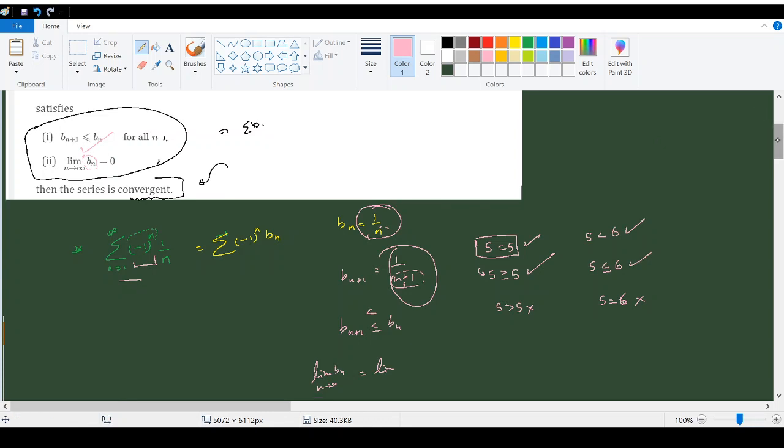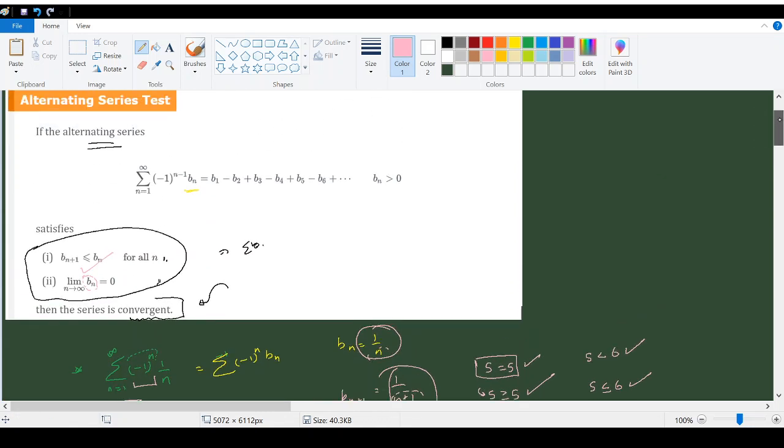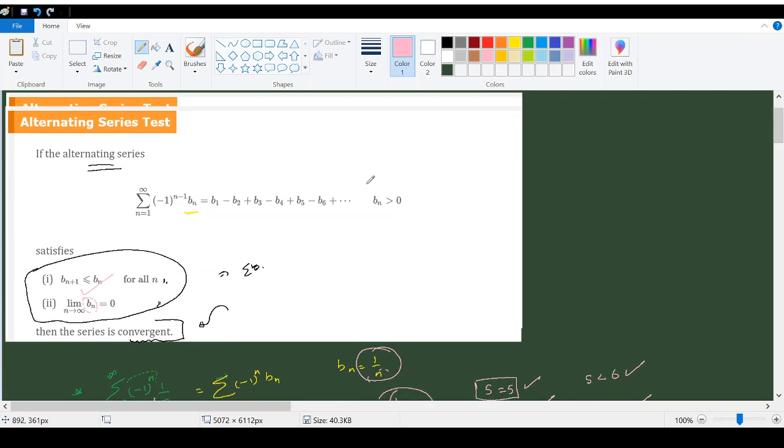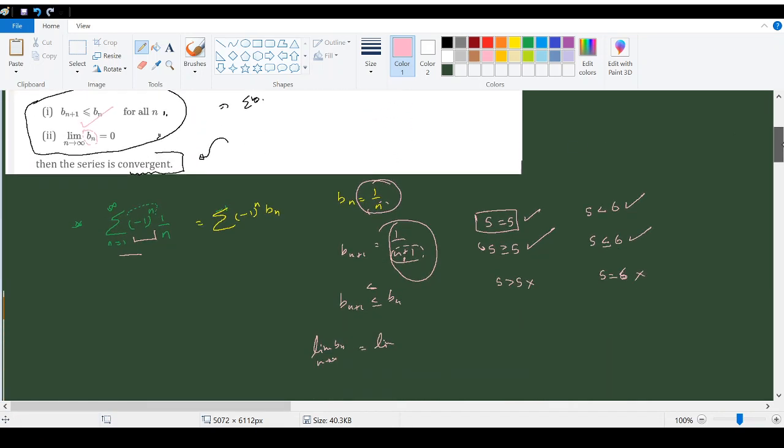Also, before going into that, you should see that in the alternating series test, this bn sequence should be a positive sequence. It cannot have negative numbers, because all the negative numbers are inside the -1 to the power n term. So bn itself is a positive sequence. Keep that in your mind.